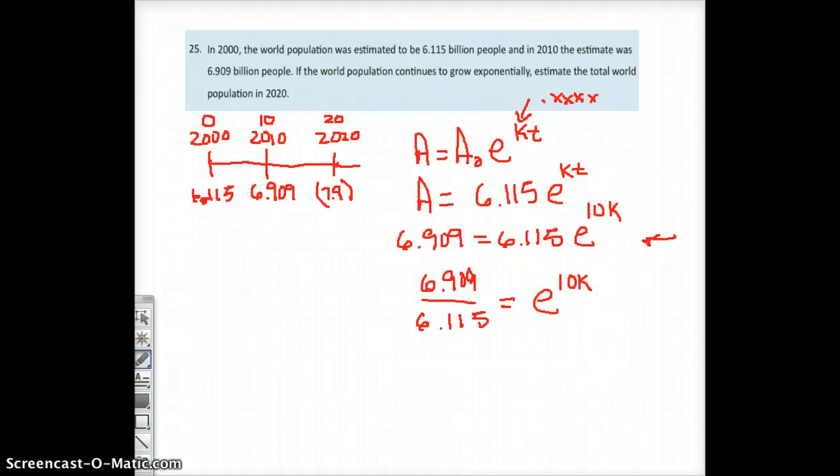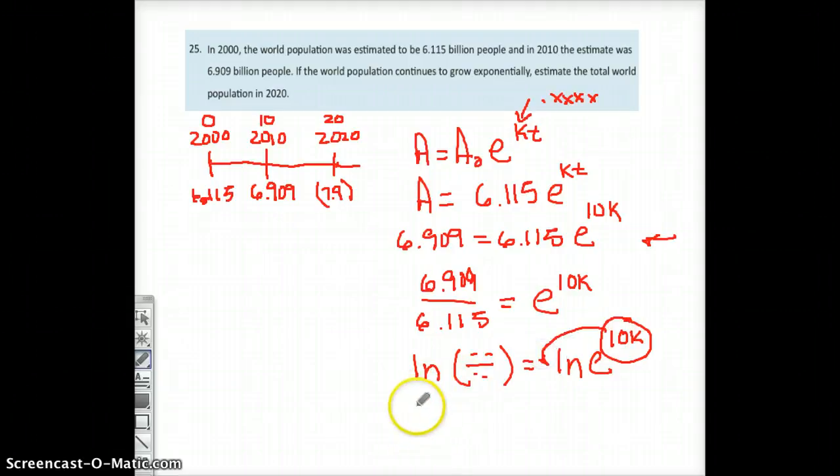Now the next step is to understand the only way to get to the k would be to take the ln of both sides. So we're going to take the ln of this expression, these two numbers here, okay? And we're going to set that equal to the ln of e to the 10k. Now we know that ln is log base e, or better yet, we know we could use the power rule to move that to the front, okay?